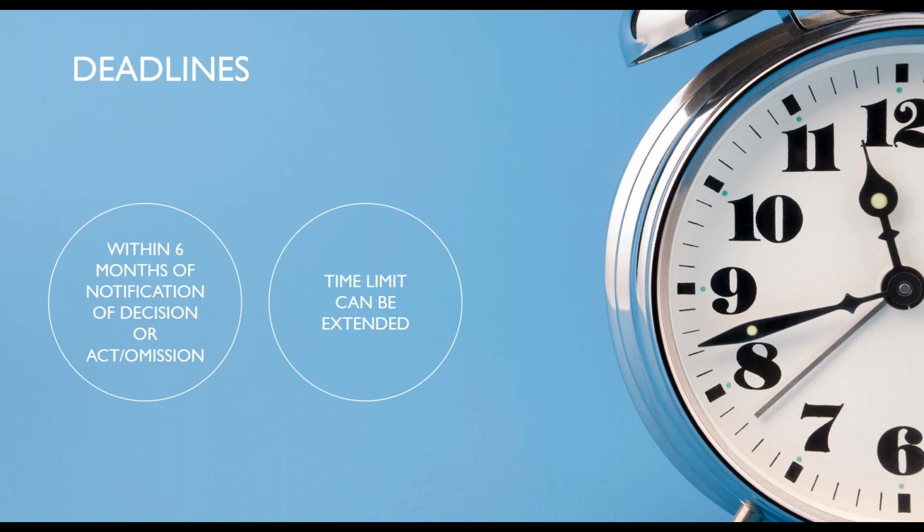I do think it's worth being aware of time limits, because the first stage adjudication is to be carried out by someone appointed by the scheme employer, and we do sometimes see some decisions which have been appealed out of time, and there doesn't seem to have been any consideration of whether that complaint should be dealt with or not.